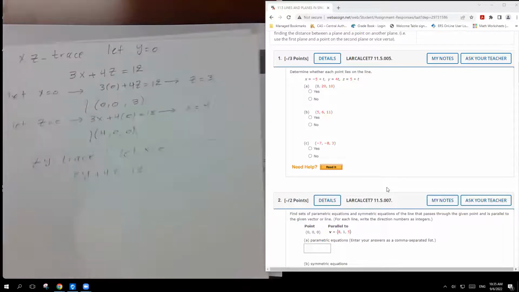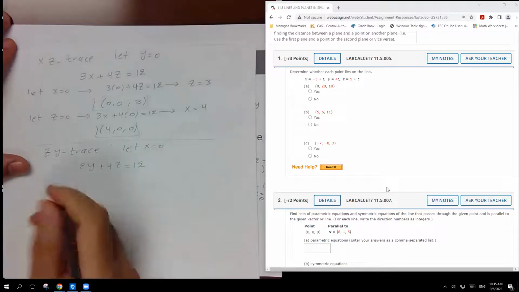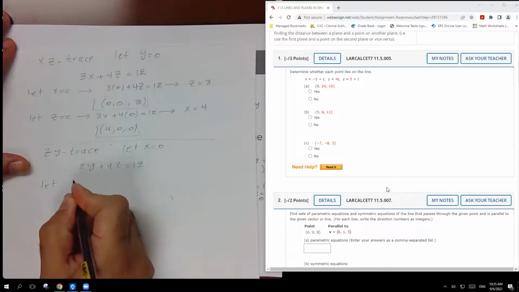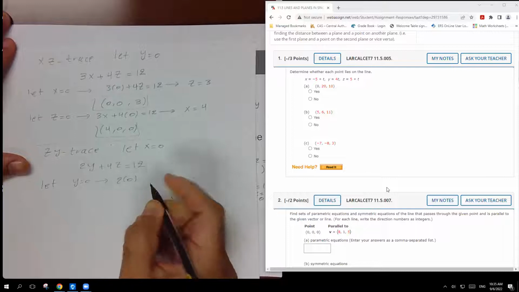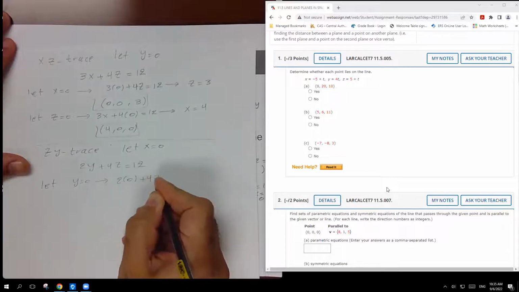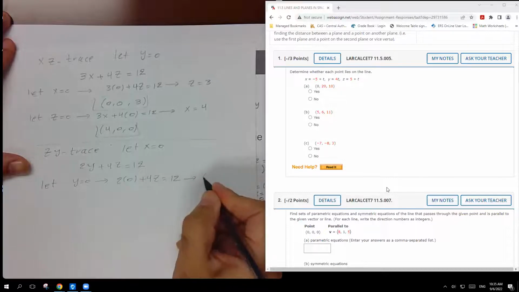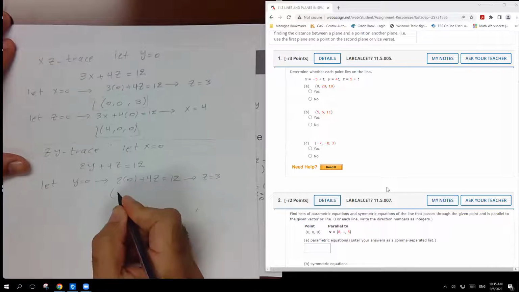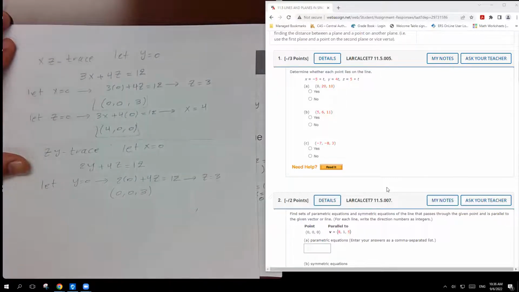We need to find the points. I'm going to let y equal 0, that means 2 times 0 plus 4z equals 12, so z is going to be equal to 3. So the point is x is 0, y is 0, and z is 3.